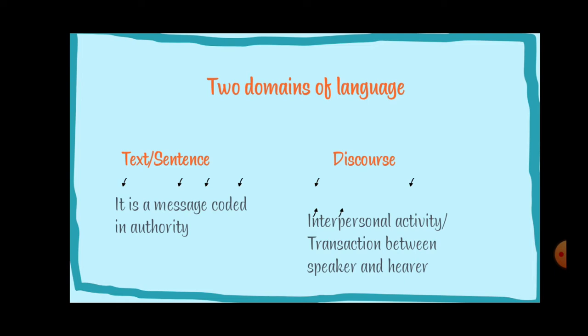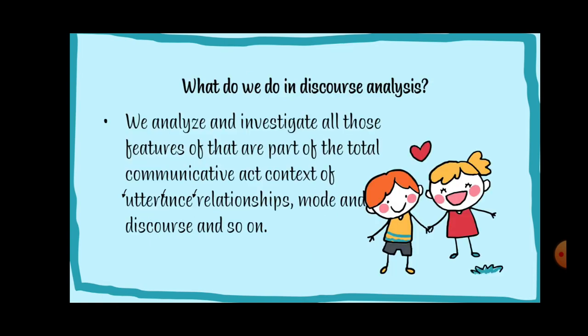Also, discourse is considered written as well as spoken. So what do we do in discourse analysis? First, we analyze and investigate all those features that are part of the total communicative act: context of utterance, relationships, mode of discourse, and so on.